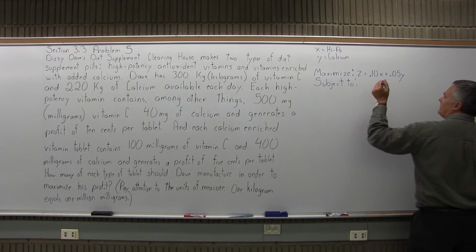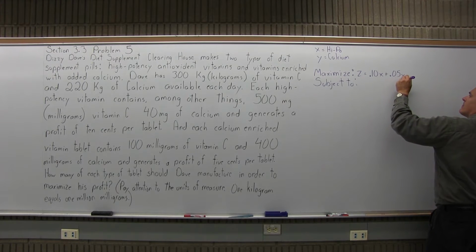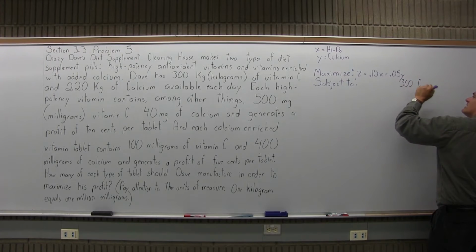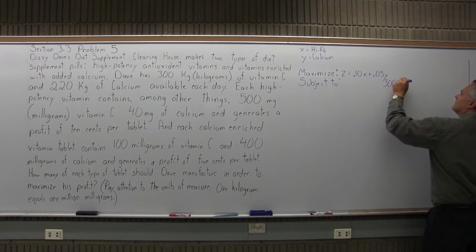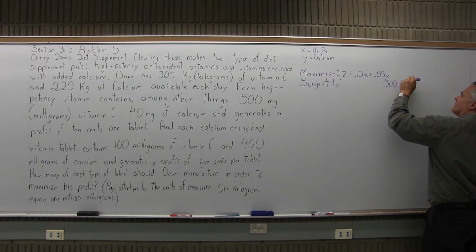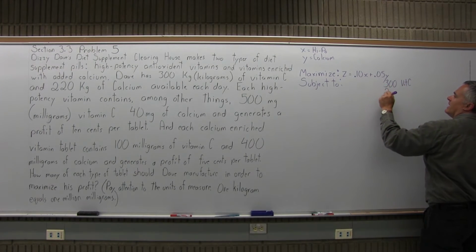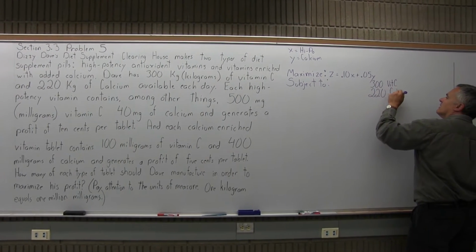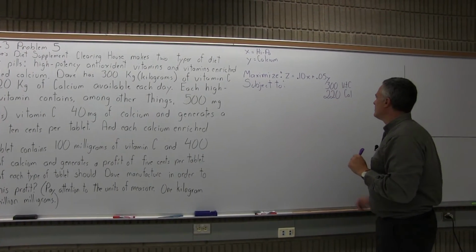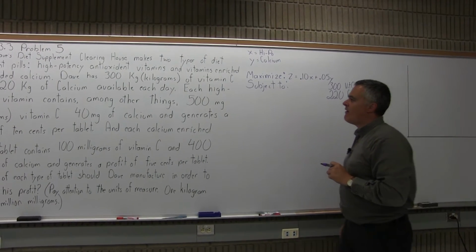So let's see. 300, and I'll just put VITC for vitamin C, and 220 calcium, which I'll just abbreviate CAL.